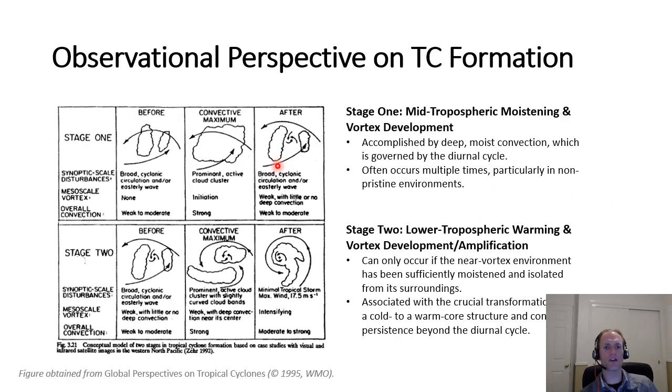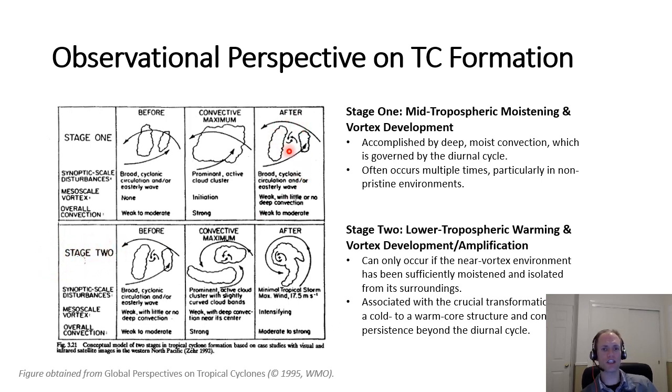So recalling from our last video, we introduced this idea of an observational perspective on tropical cyclone formation with two distinct stages. Stage 1, characterized by mid-tropospheric moistening and mid-tropospheric vortex development that radically transforms the vertical thermodynamic profile, temperature, but especially moisture, to permit convective redevelopment and persistence, in particular in Stage 2.